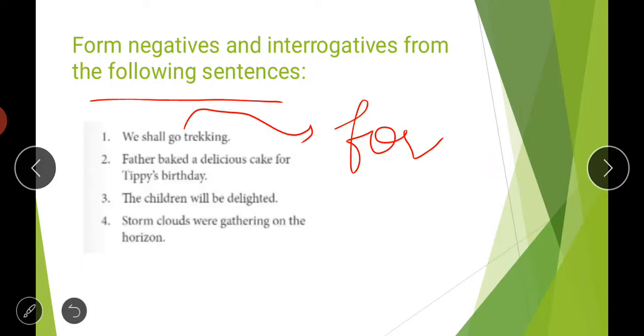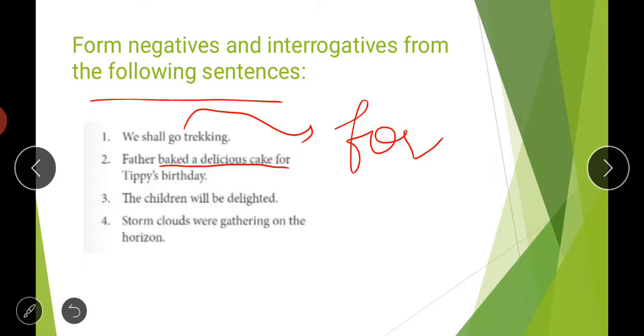Then the second is: the father baked a delicious cake for Tippy's birthday. If you want to make a question here, there is no helping verb in this sentence. So what will you do? You have to insert a helping verb from your own side.